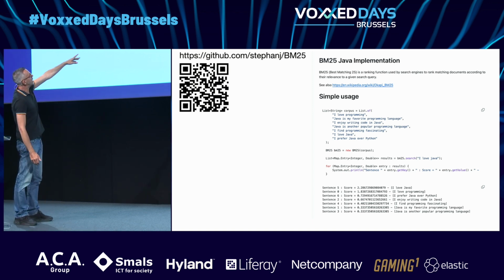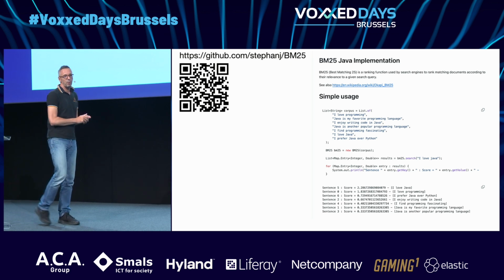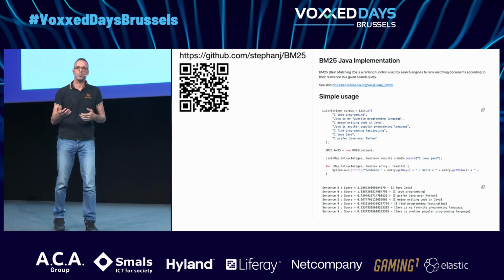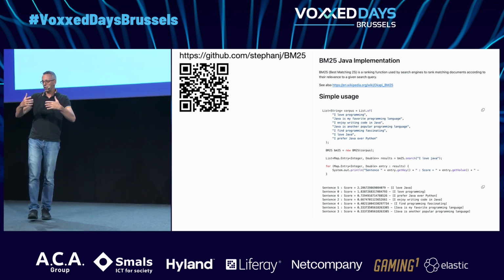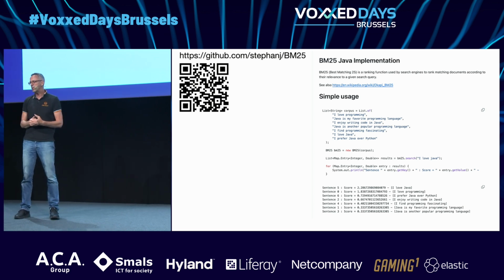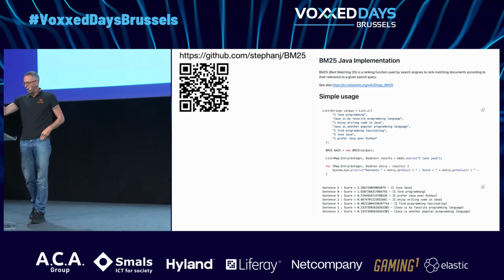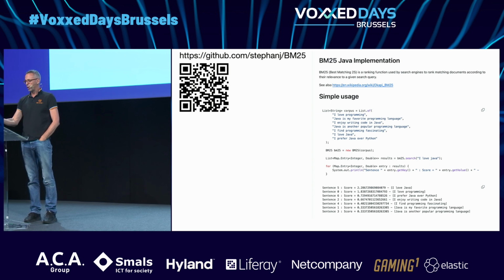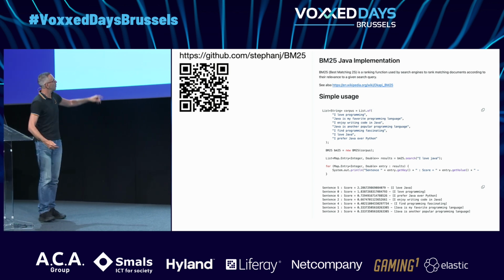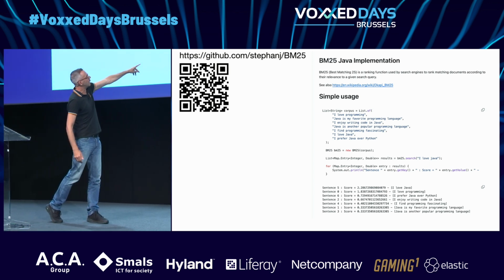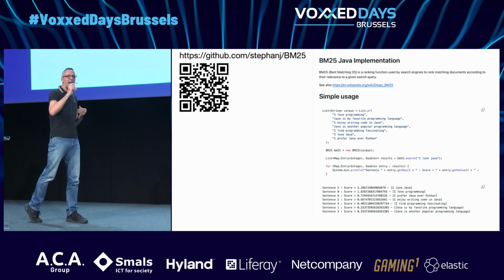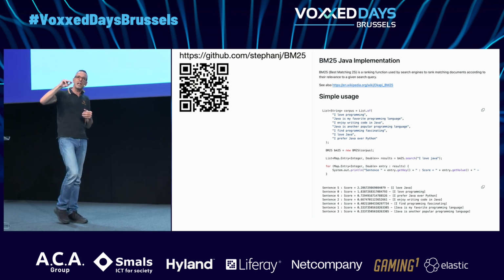You just basically start a new instance of BM25. You give it a corpus, which is basically your different chat messages. And then you can say, okay, do a certain search, for example, I love Java, and it will actually return all the responses which have these 3 words. Now, this is not using large language models.